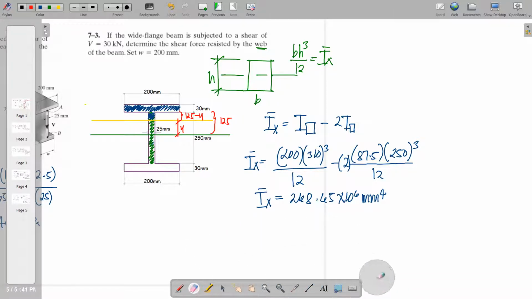So let us recompute for our Q. Say our Q is starting with this flange rectangle with a dimension of 200 by 30, and then the distance of this up to the neutral axis is simply equal to the total dimension here.